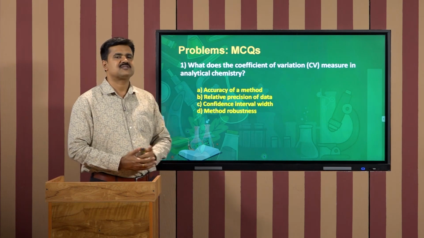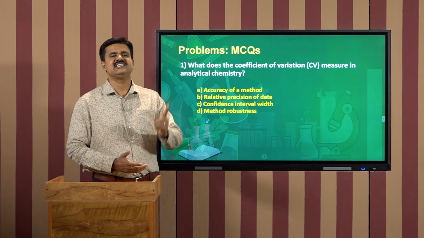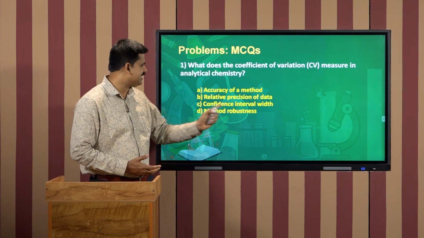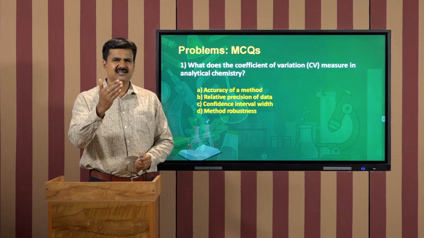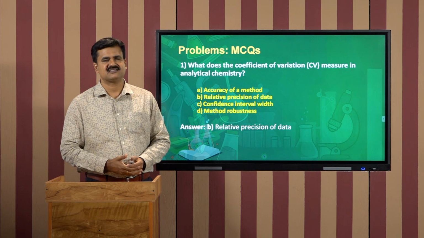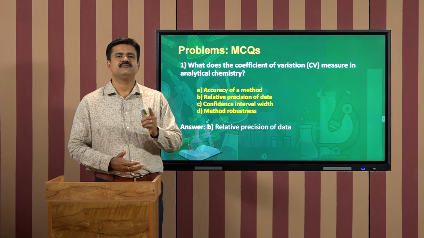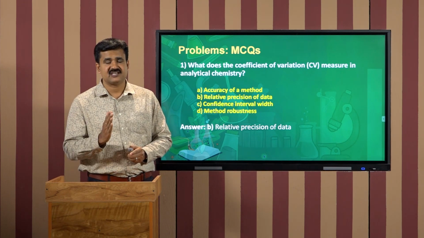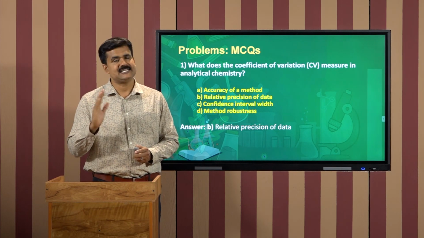These are the 4 options: accuracy of a method, relative precision of data, confidence interval width, method robustness. On careful analysis of the 4 options, we can arrive at the final result like this. Option B is your answer, relative precision of data. So, coefficient of variation measures relative precision of data.